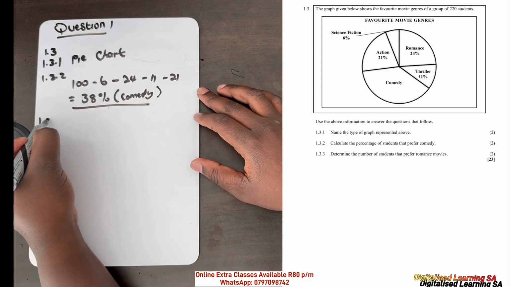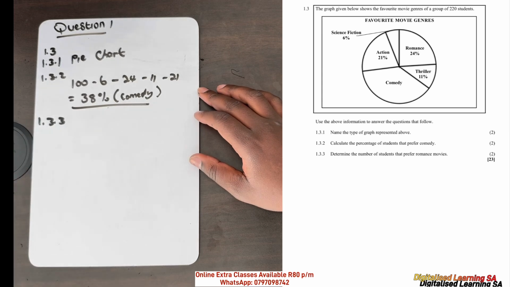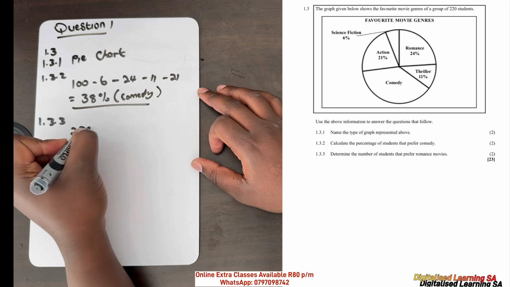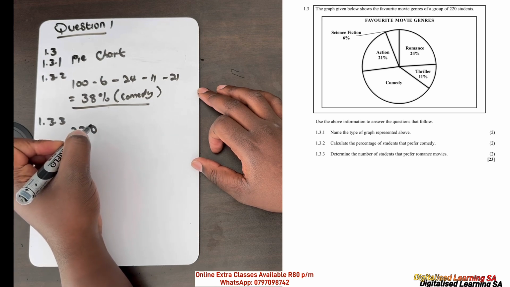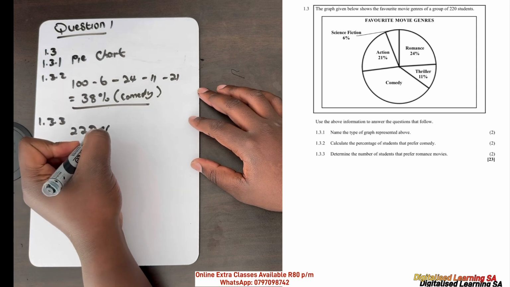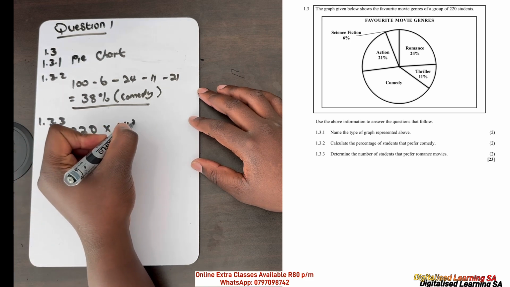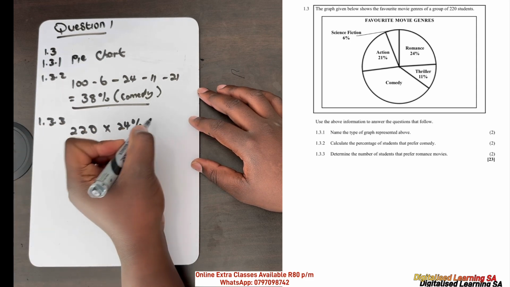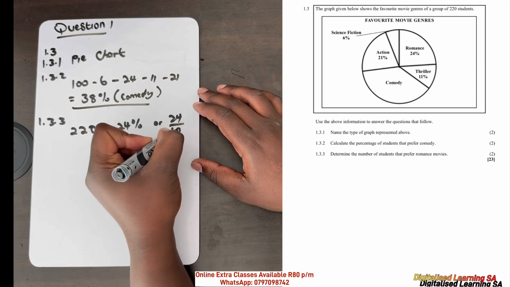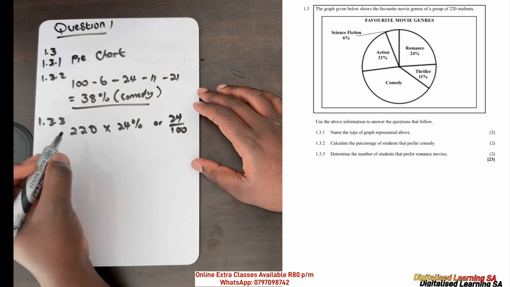Now let's work on our final question for question 1, which is question 1.3.3. It says determine the number of students that prefer romance movies. We know that in total we have 220 students. To calculate the number of students that prefer romance, we just multiply by 24%, or 24 divided by 100, it's one and the same thing.